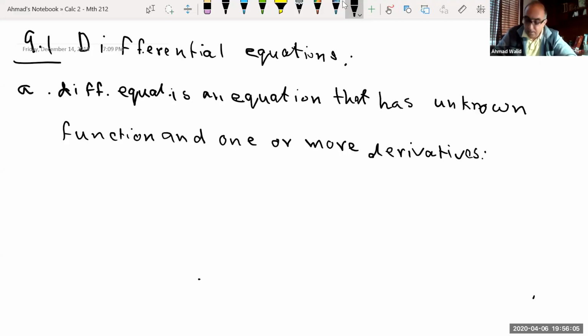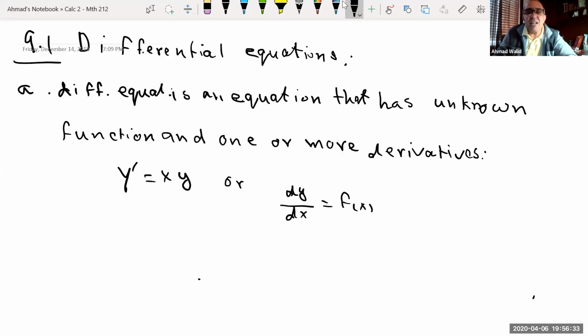A good example, for example, if I write for you y prime equals xy, or the easy one that you know, dy over dx equals f of x. Is this a differential equation? How can I say it's a differential equation?